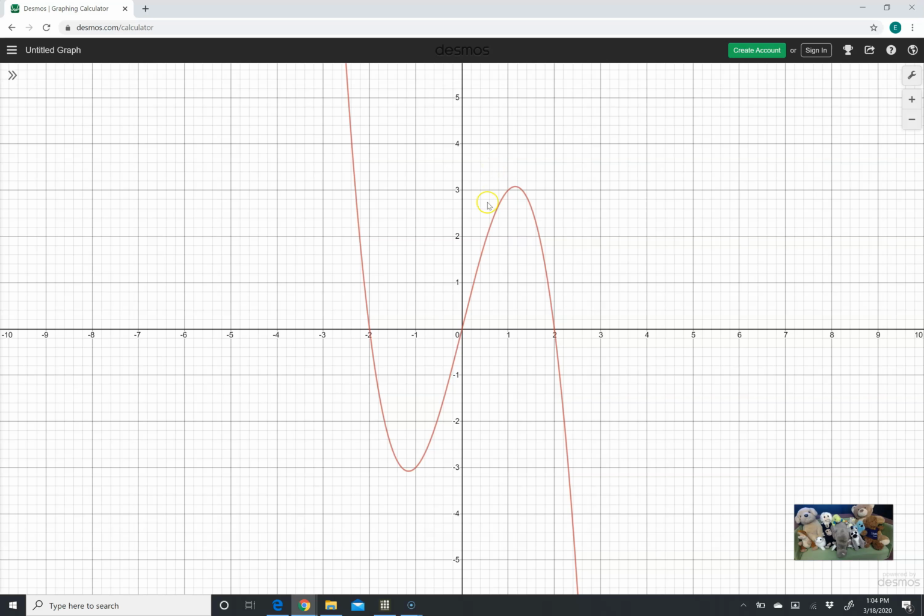So this turning point is also a relative maximum. This relative maximum, it's relative as opposed to absolute. So we call it relative when it's not the highest point in the graph or the lowest point in the graph. So we could see here that even though this is a turning point and it goes from increasing to decreasing, it's not the highest y value in the graph.